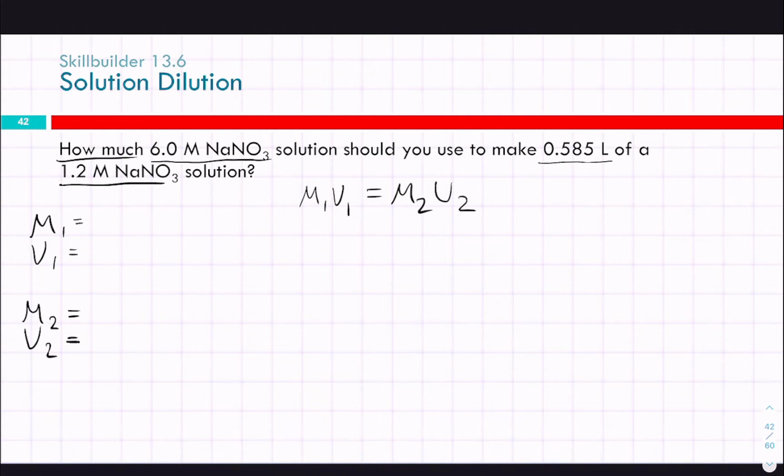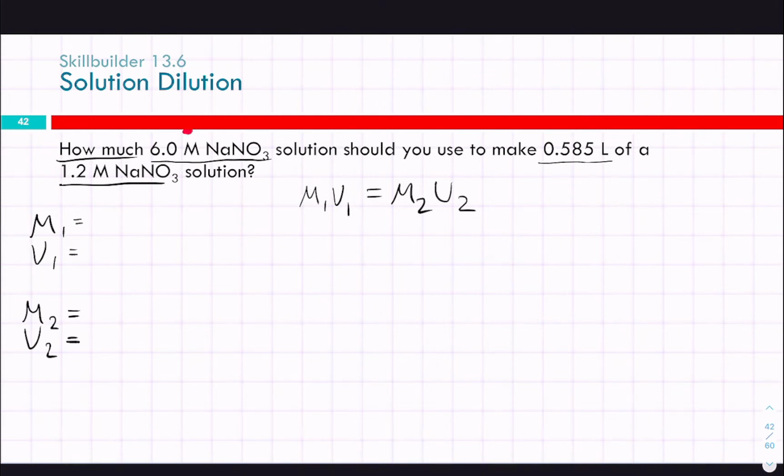While it doesn't really matter which way we put these into the equation, as long as we keep these two related numbers together. For example, this is 0.585 liters of this solution. So these two together are going to be either V1 and M1 or V2 and M2.